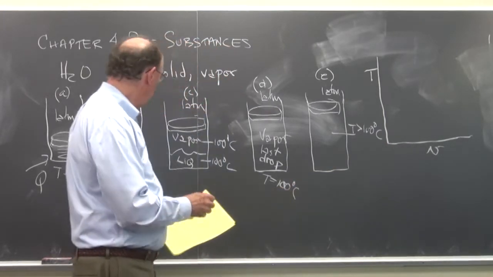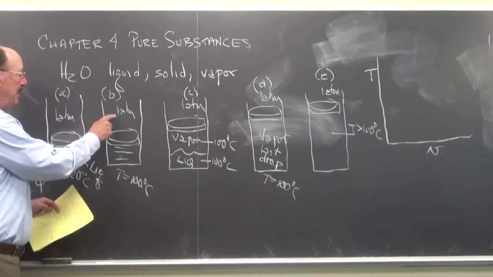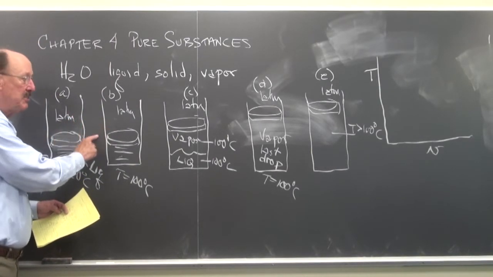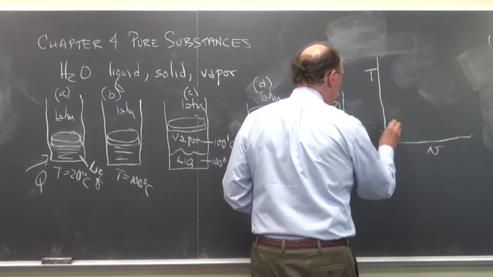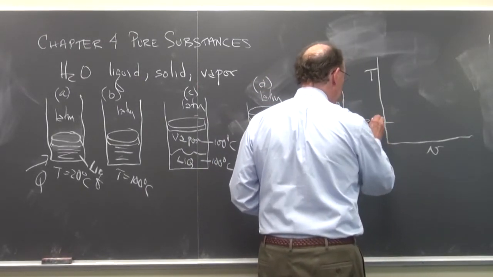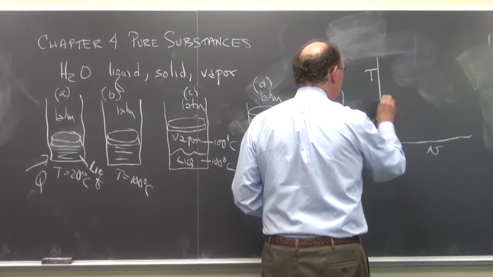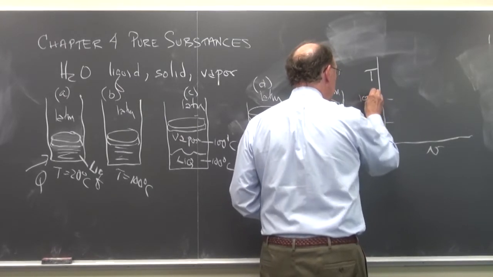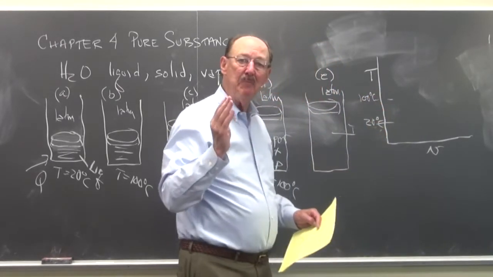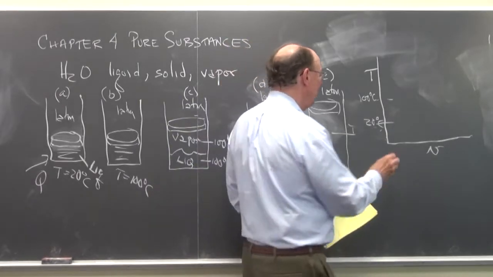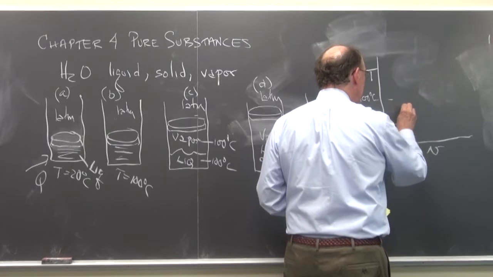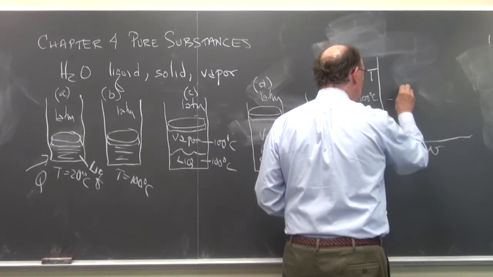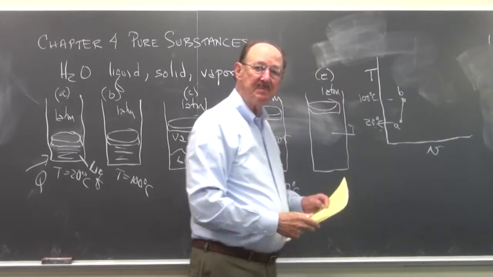But now I want to look at what happened between A and B. Between A and B, I started off at 20 degrees C, and we heated it up to 100 degrees C. The specific volume increased a little bit. So if I start here at A, I'm going to go up slightly to B. It'll increase a little bit.